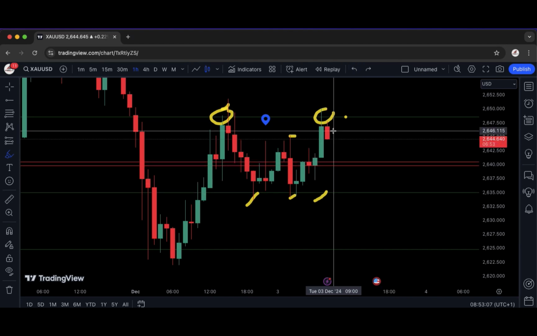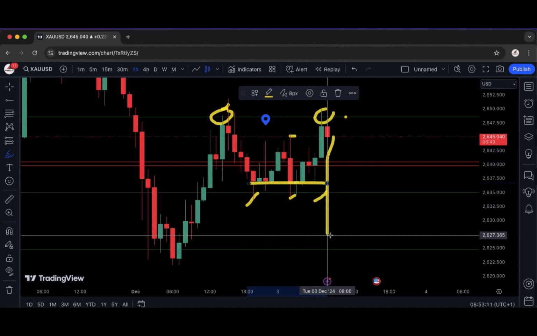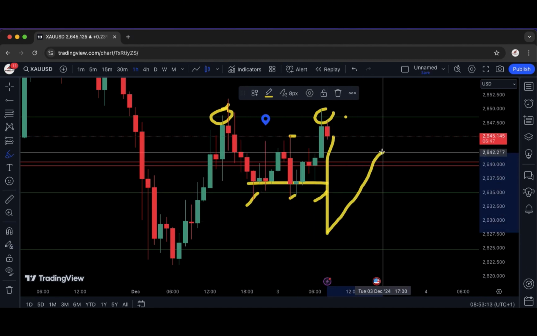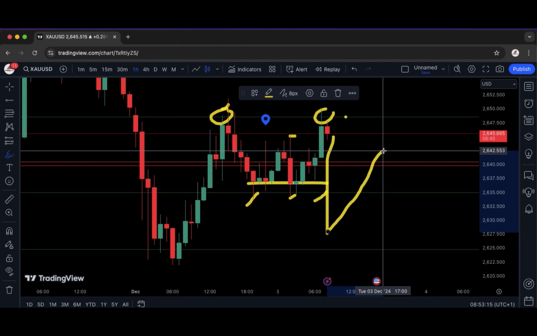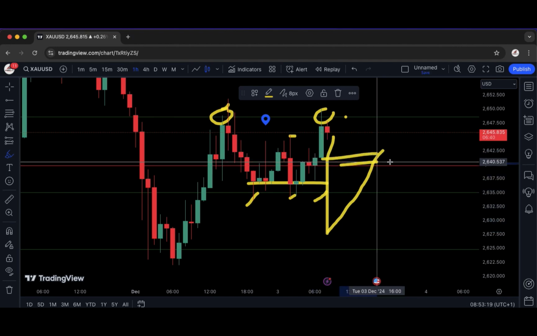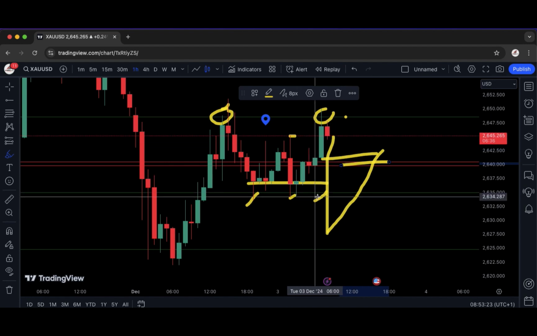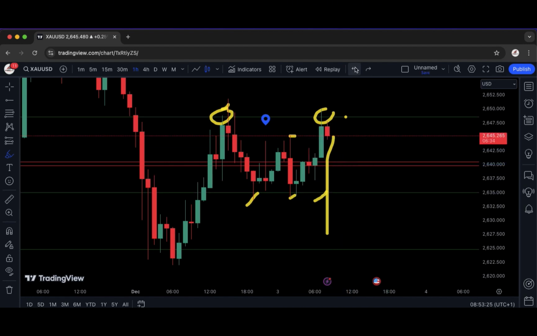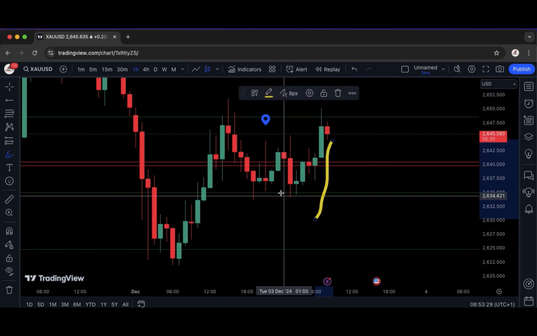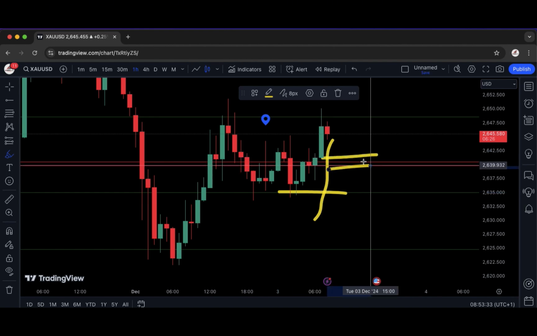Then if it drops and takes out this low, I wait for it to come back to retest somewhere on this zone. I don't know what it will do before it gets to this low, but definitely whatever makes it take out this low, there must be a resistance somewhere here for me to take a sell.